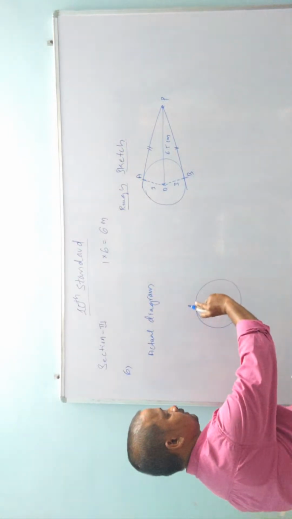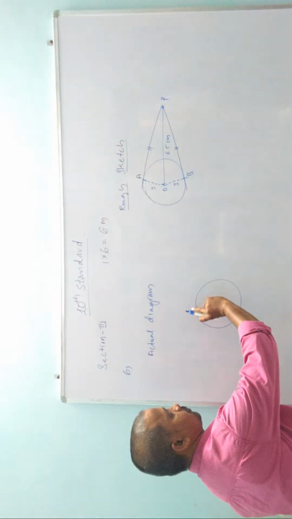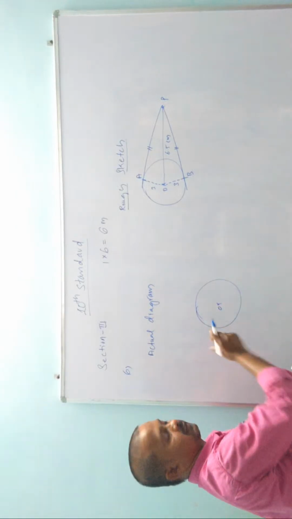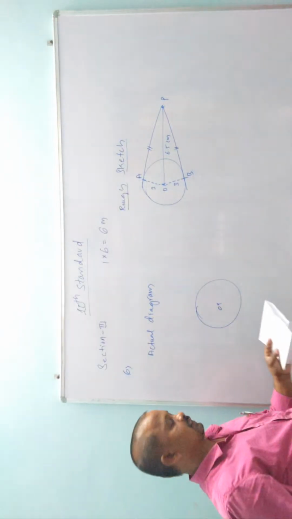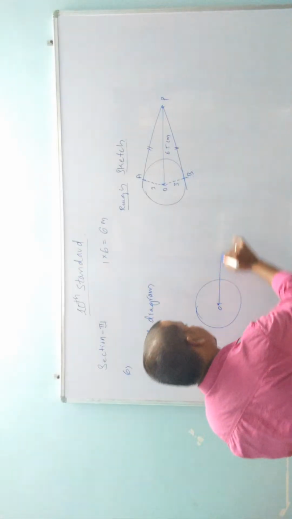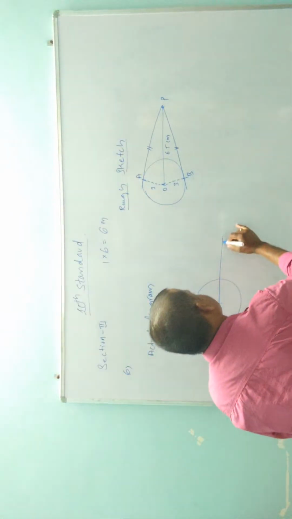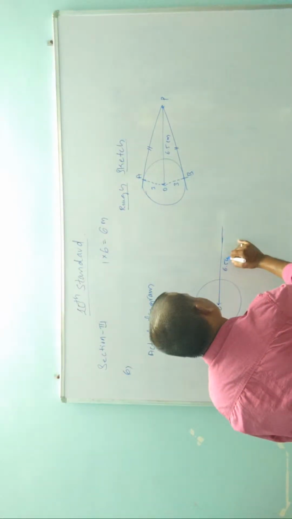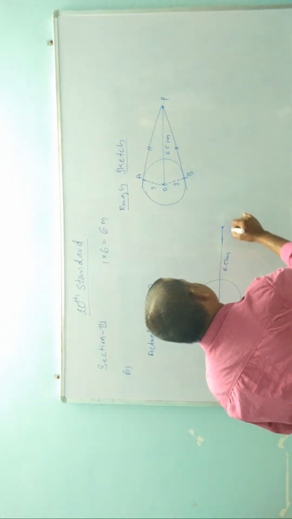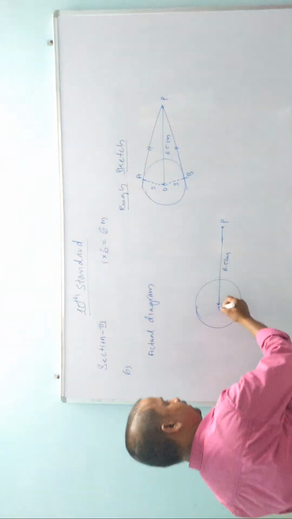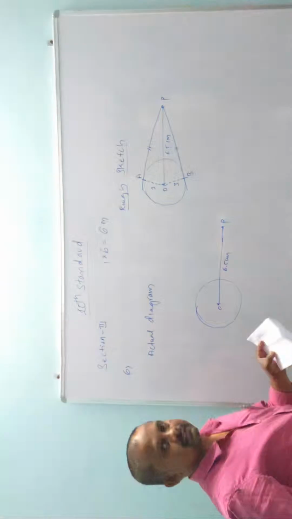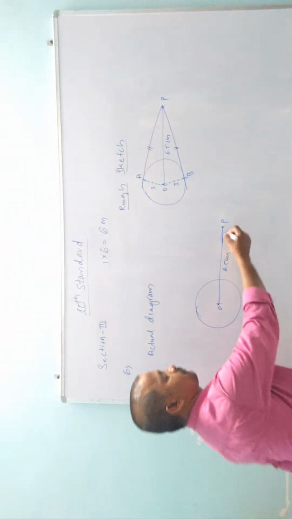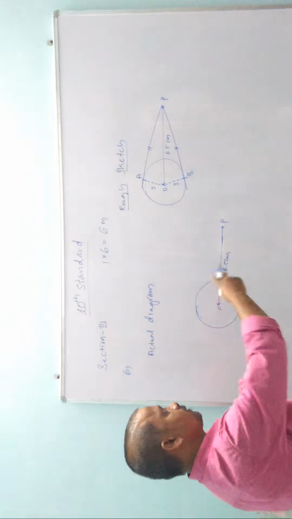Fixing the point at O, we draw one circle with a 3 centimeter radius, and then draw one line segment from the outer point. The distance between O and P is 6.5 centimeters, measured with the help of a ruler.